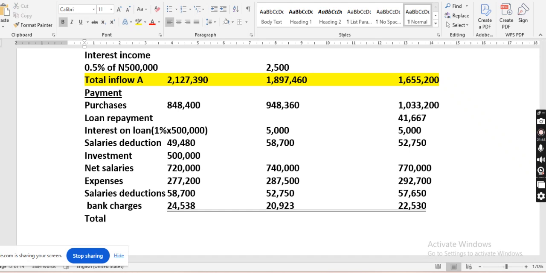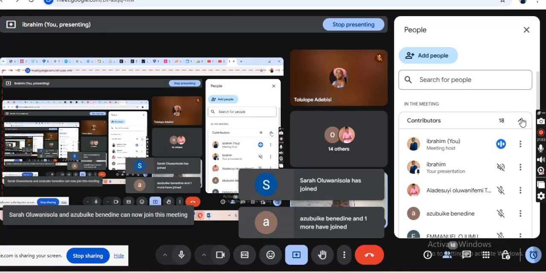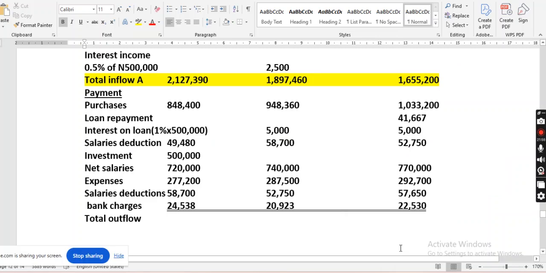Total outflow. So for each of the months, I'm waiting for each of the months. For July, 2,478,318.